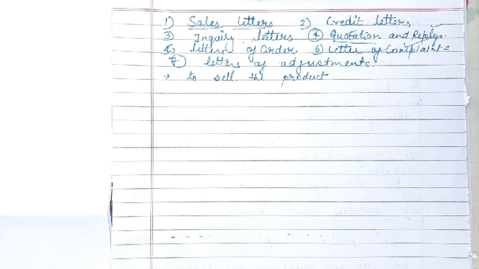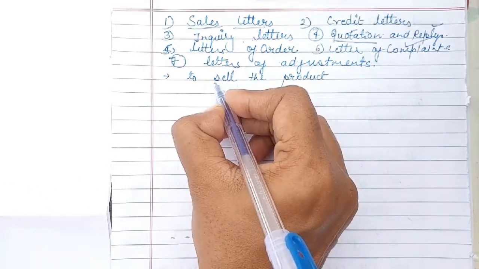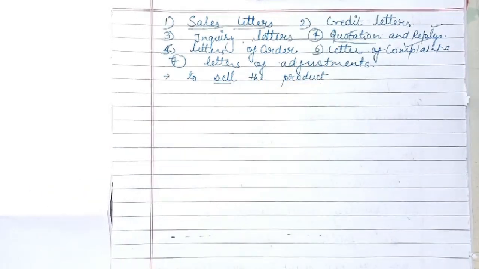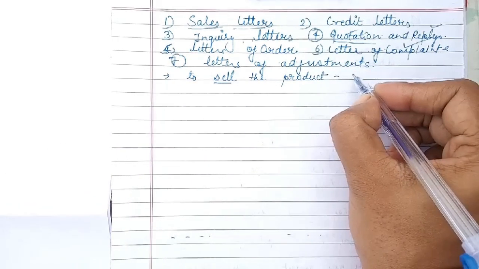So these are efficient means of marketing your products or services. We can say that a sales letter is the source of marketing, advertisement, etc. And it must be written in such a way that it can convert its readers into potential customers.